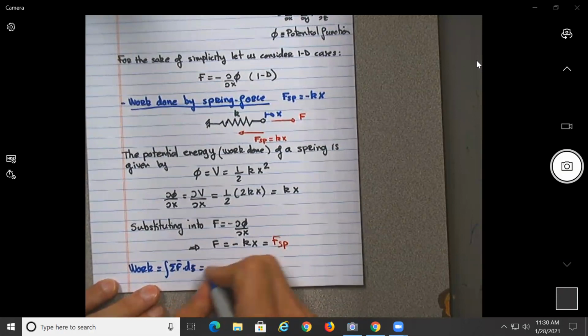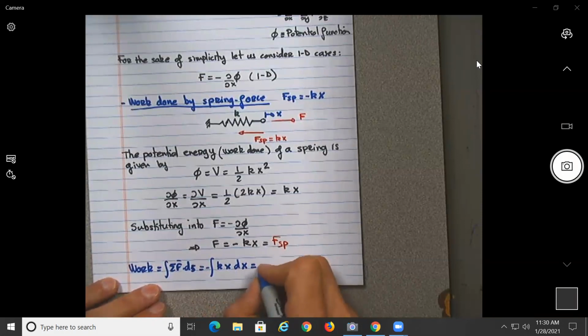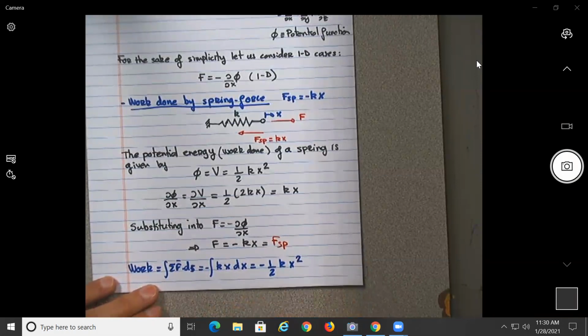So what is the work done by the spring force? What is the value of the force? Minus kx. How much will it be moving? Dx, no? So if you integrate this, what do you get? Minus 1/2 kx squared, which is what?